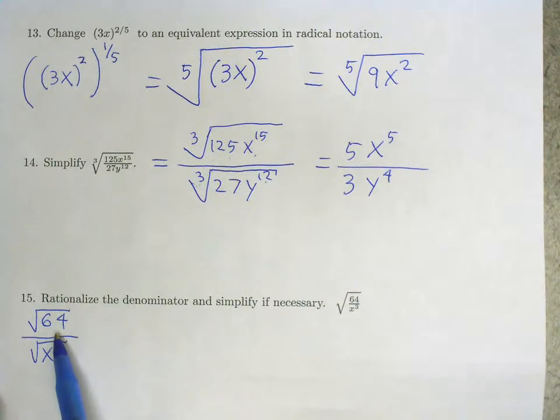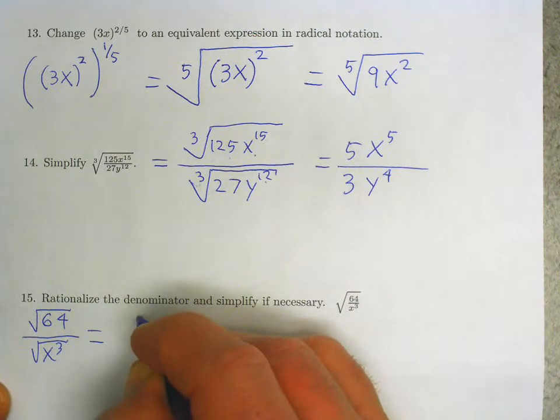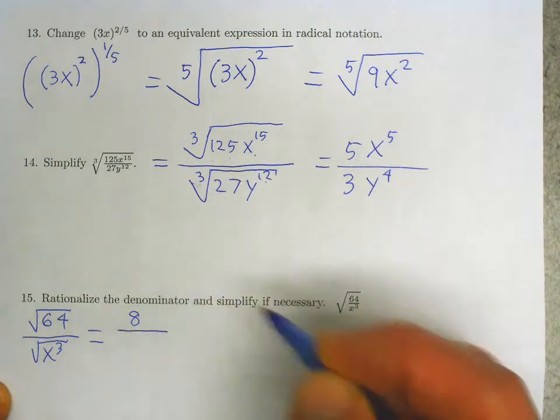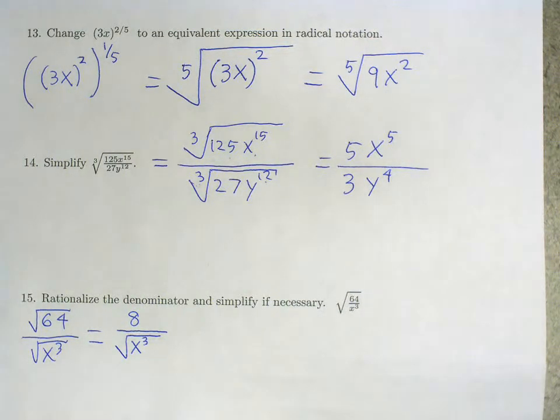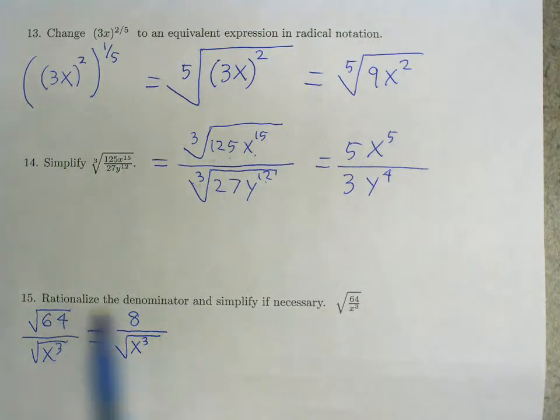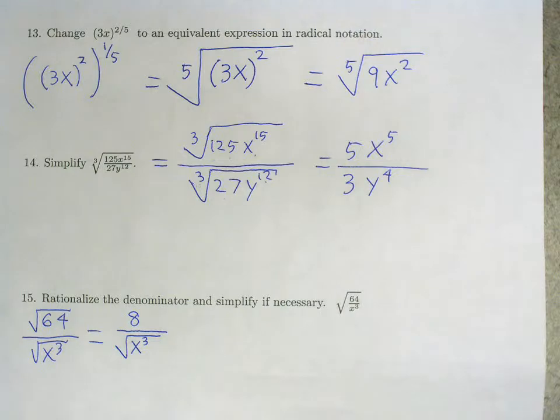And we can see that the square root of 64 in the numerator simplifies to 8, so we might as well simplify that. And we still have the square root of x to the third in the denominator. So the denominator is irrational because it has the square root there. So to rationalize the denominator means that we want to find something that is equivalent to this, but with no square root in the denominator.